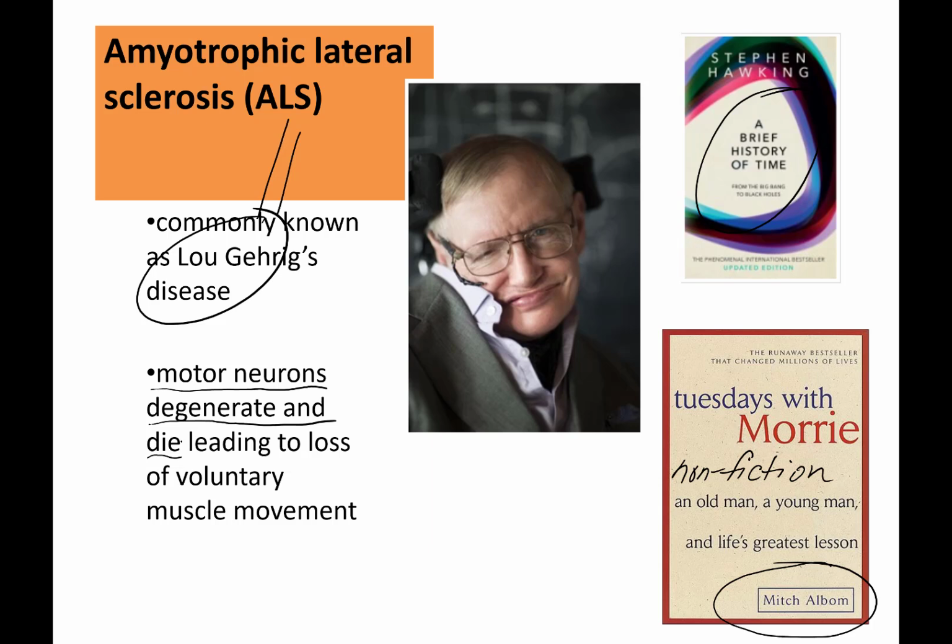Most individuals diagnosed with ALS live for about 2 years, and that's what they expected with Stephen Hawking as well. But he was in his 20s when he was diagnosed, and he lived to be a pretty old man. So obviously he had great medical care and great physical therapists who would move his muscles for him. But he must have had a different form of ALS to live so long.